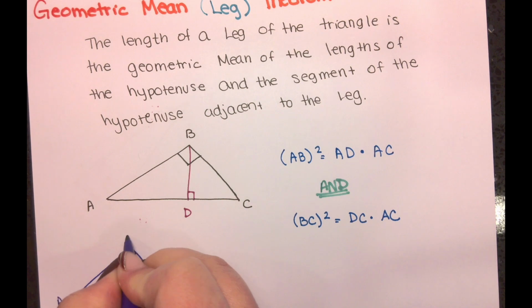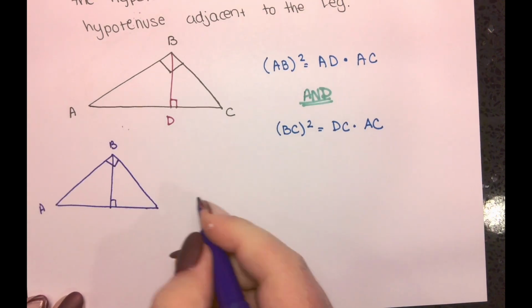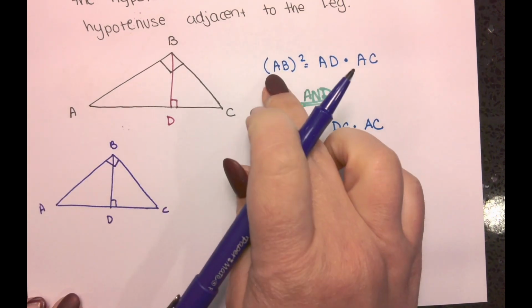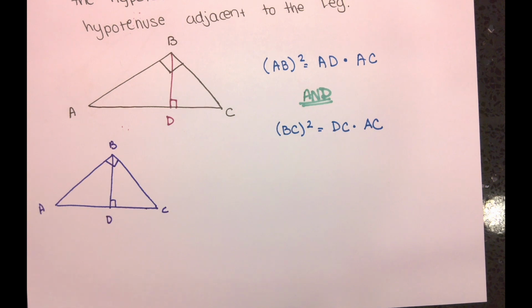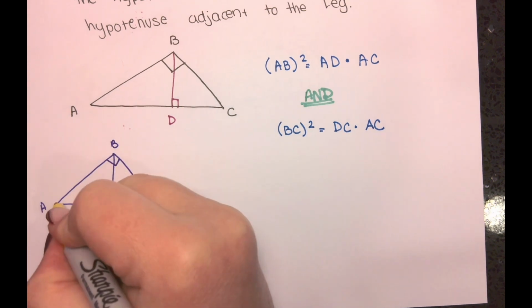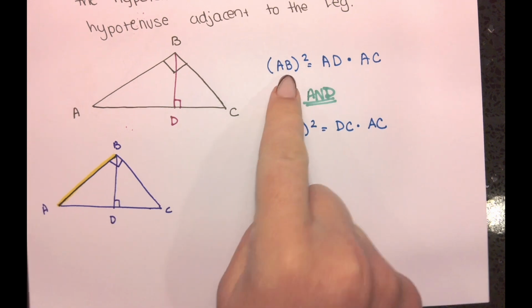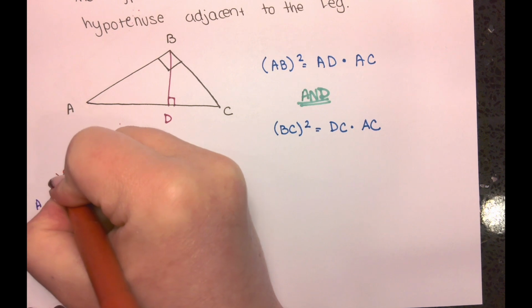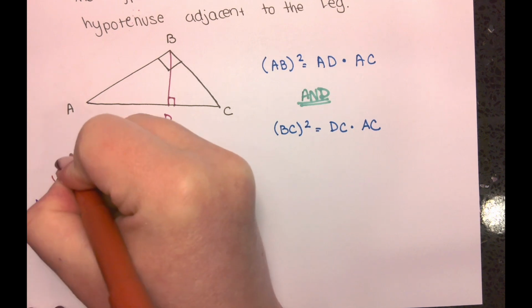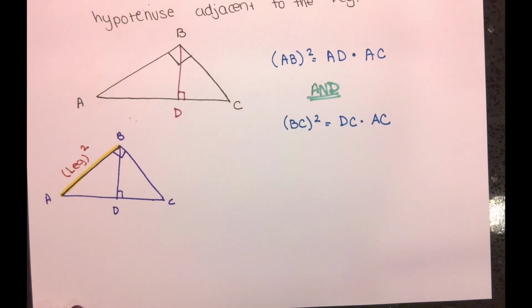Here's A, here's B, here's C, here's D. And we're going to do this one first. So AB squared. This is the leg that we're going to have. So I'm going to write leg squared here.